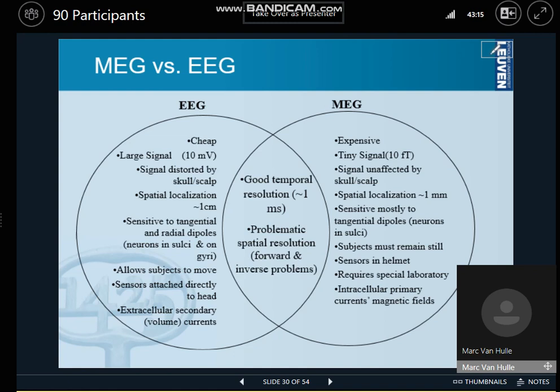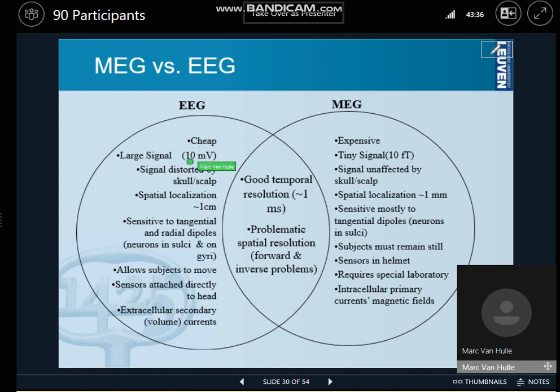Electrical activity picked up and magnetic activity, the two will disturb each other. Don't forget these EEG electrodes are metallic, and that will disrupt the magnetic field lines, so you can't do that. But you can do it sequentially, of course.